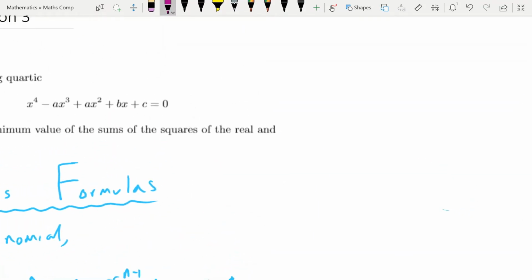So we've got our quartic here. It has 4 roots, so we can set the roots to be alpha, beta, gamma, and delta.